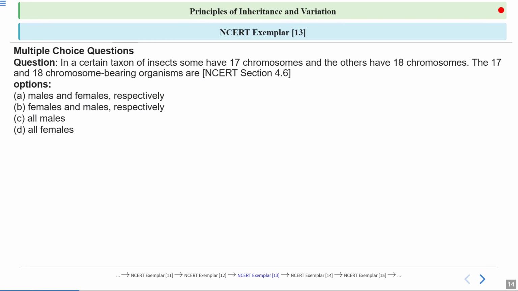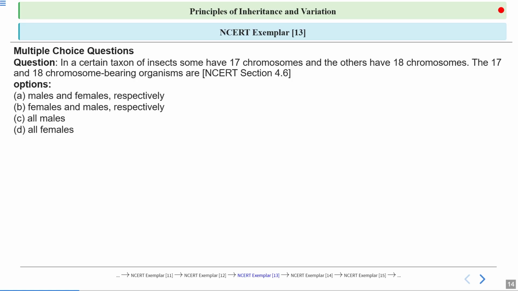Next question: in a certain taxon of insects, some have 17 chromosomes and others have 18 chromosomes. The 17 and 18 chromosome bearing organisms are? Some insects like grasshoppers and cockroaches have different numbers of chromosomes in males and females.